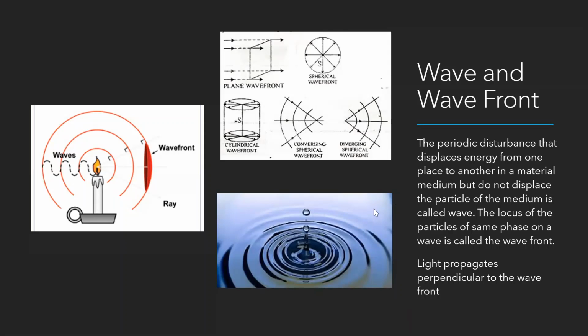suppose the x-axis is lying here and the particles are moving up and down, which means along the y-axis. Okay, so these plane wavefronts will lie in this plane, which means it will go up and down.